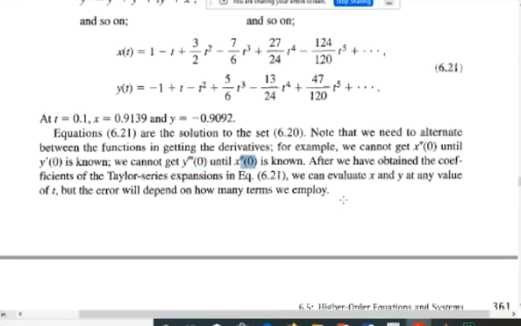After we have obtained the coefficients of the Taylor series expansion in this system of equations, we can evaluate x and y as functions of the independent variable t, and the error really depends on how many terms we compute.